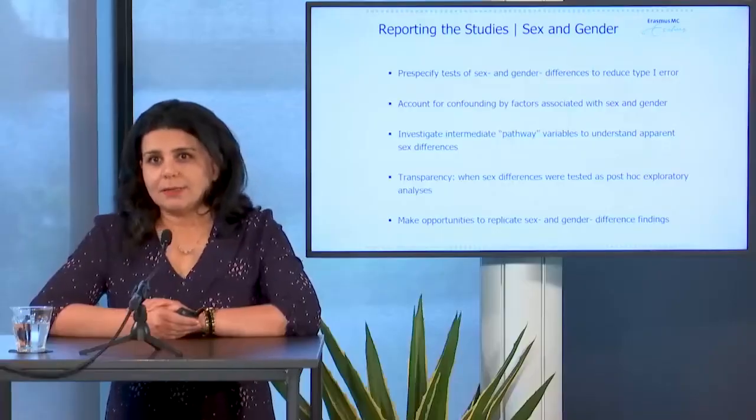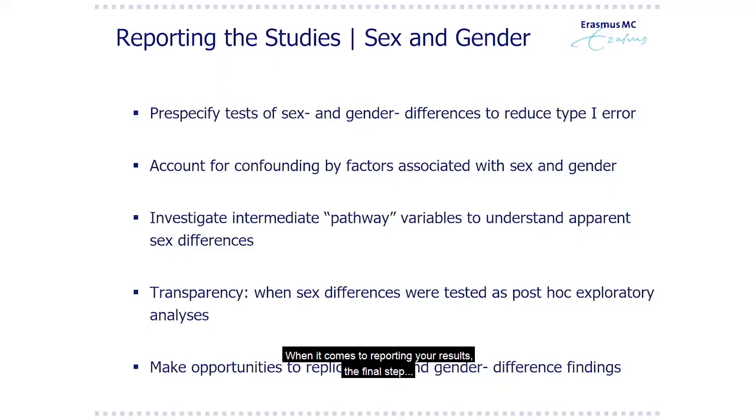When it comes to reporting your results, the final step, you should be very transparent in reporting your results. You need to report whether you had a priori a pre-specified hypothesis for testing for sex and gender interactions or not.